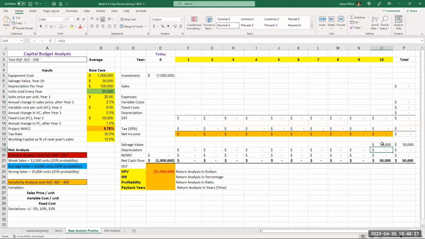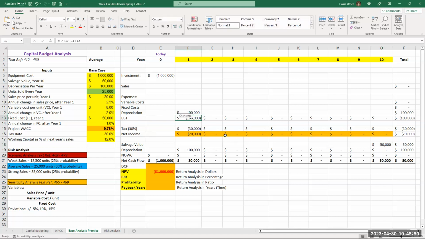In other words, we're going to be selling this investment at $50,000 and receiving $50,000 in cash at the end of year 10. But are we going to receive $50,000 in cash at year 10? Let's take a look at that in just a minute. Our depreciation is $100,000 a year. Everybody should know about depreciation.